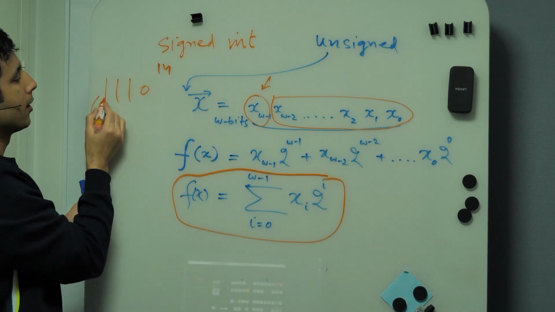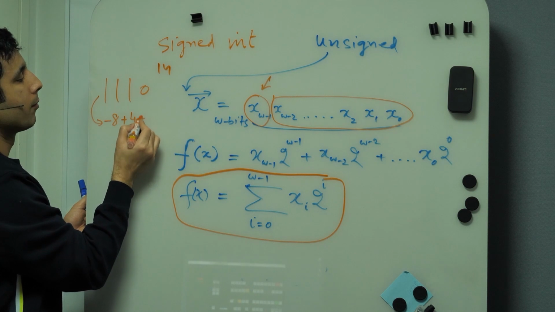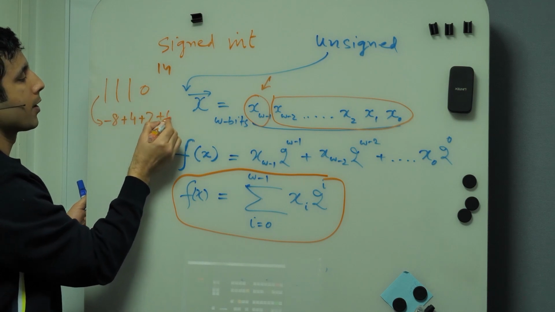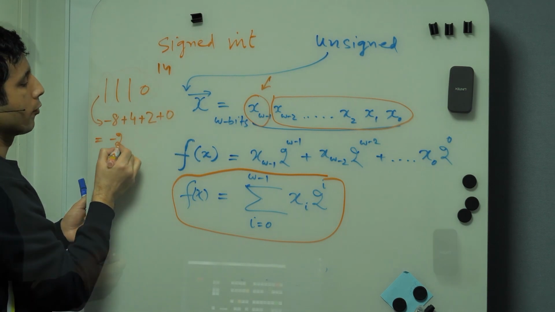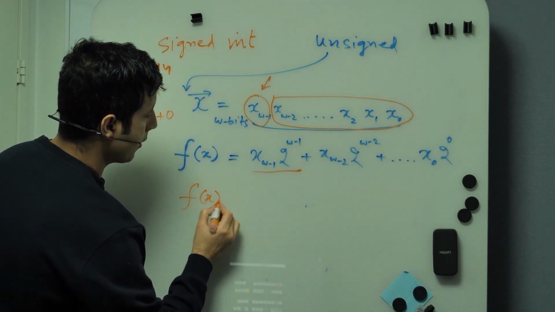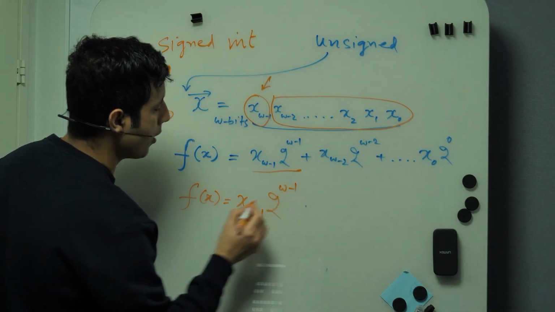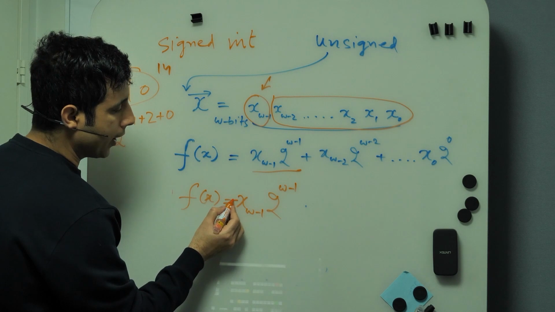It would be -8 plus 4 plus 2 plus 0, so this is -2. We keep this bit as it is, x w minus 1 times 2 raised to power w minus 1, but we will have a negative weight here, right?